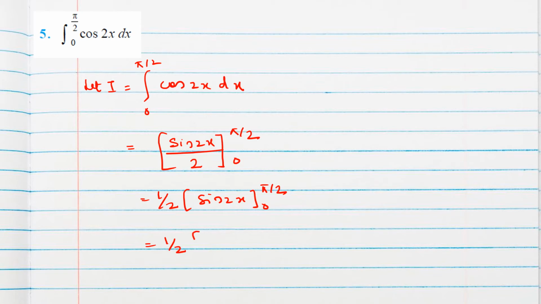Now x value pi by 2. So 2 is already there, 2 pi by 2 means pi only, minus sin 0. So half, sin pi is minus 1, sin 0 is 1. So 1 by 2 into minus 2, which gives minus 1.